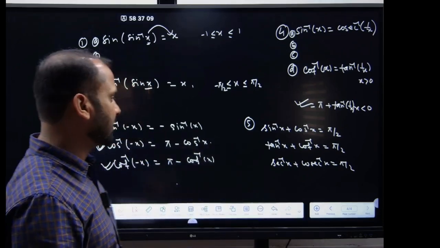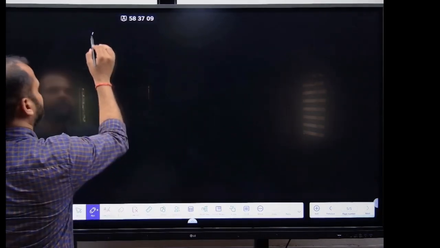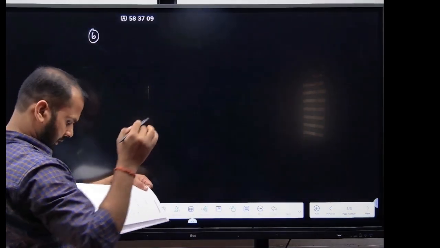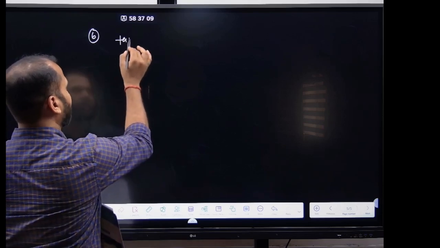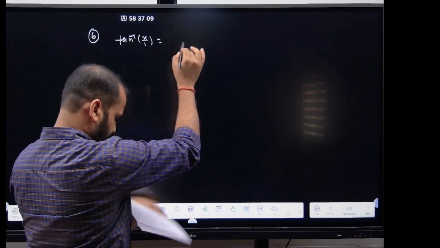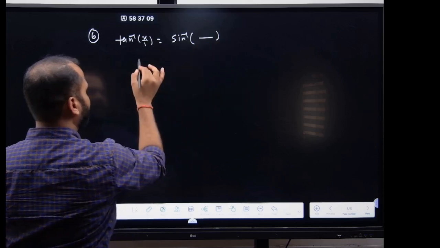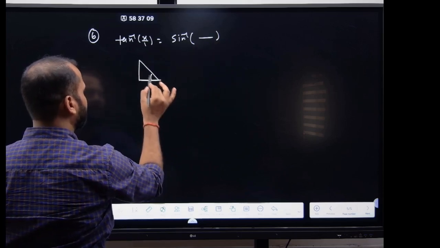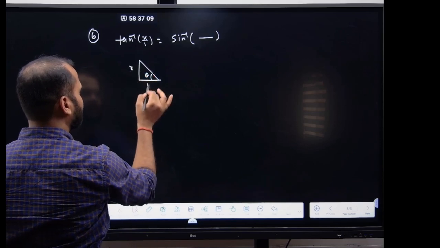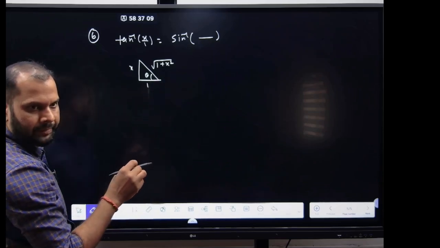Tan inverse x is given to you and the rest they are asking you to calculate. Just see how to solve. Tan inverse x is given to you, tan inverse of x by 1. I want it in terms of sine inverse. No problem, immediately I will make a right angle triangle. Let this angle be theta, this side is x, this is 1. So the hypotenuse will be square root of 1 plus x square. What do I want?